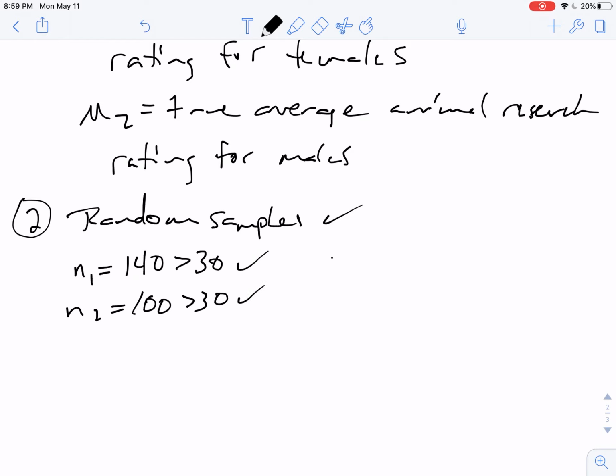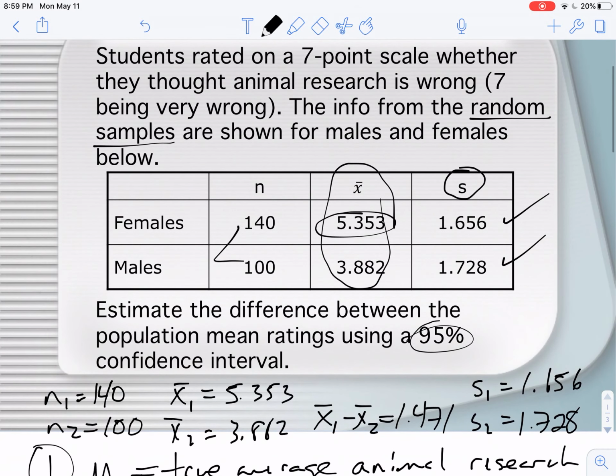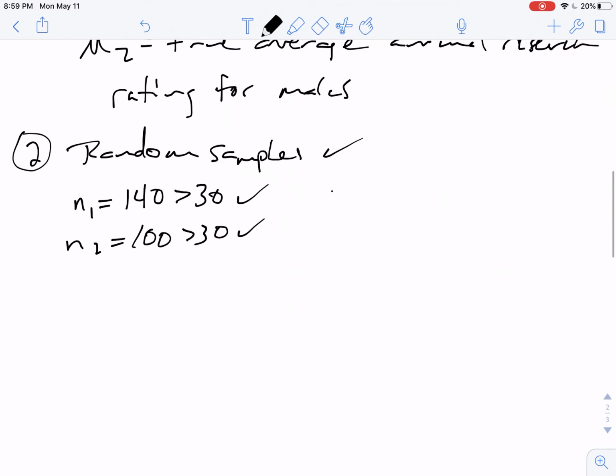And then we also want to check our independence condition. So basically, is it reasonable to assume that these two samples of 140 and 100 are less than 10% of the population size? If we were to multiply these both by 10, we'd get 1,400 and 1,000. Certainly the populations would be much larger than that. So that third condition is also met.